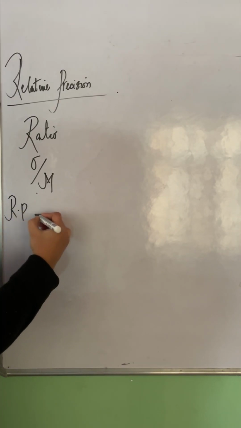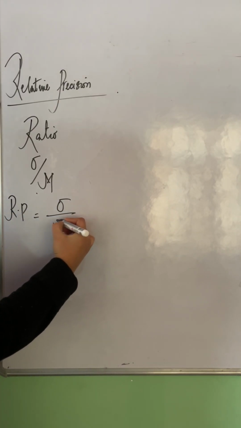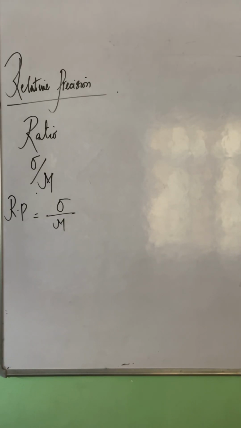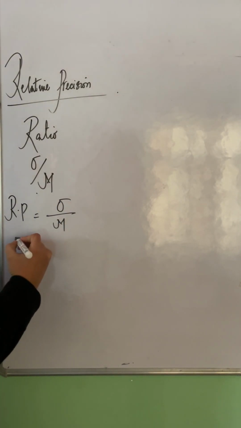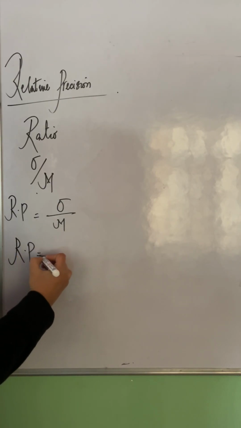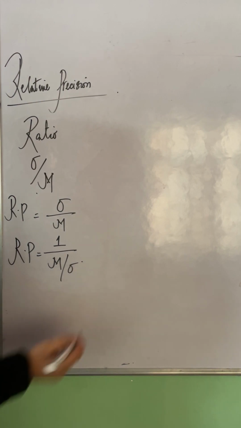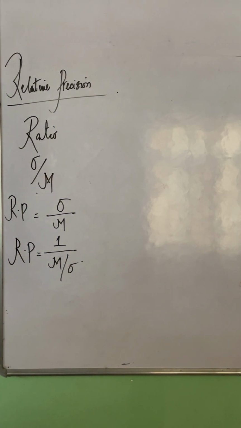Relative precision is equal to sigma by m, where sigma is the standard deviation and m is the mean value of that quantity. And it's usually expressed with numerator as unity. So I may write it down as 1 by m by sigma, and the denominator is generally rounded off.